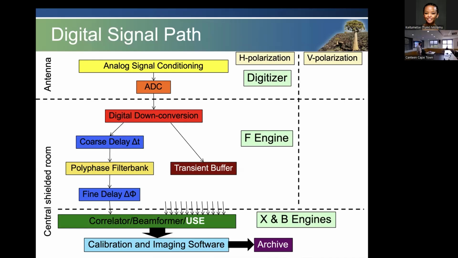The digital down conversion doesn't do anything either. But as soon as you go into the polyphase filter bank, you're taking a Fourier transform, and the Fourier transform automatically does the Hilbert transform for you. It's magic. And what comes out is a complex number. So you're at the right place now. You have got your complex analytic signal, which can then go into the correlator and beamformer.